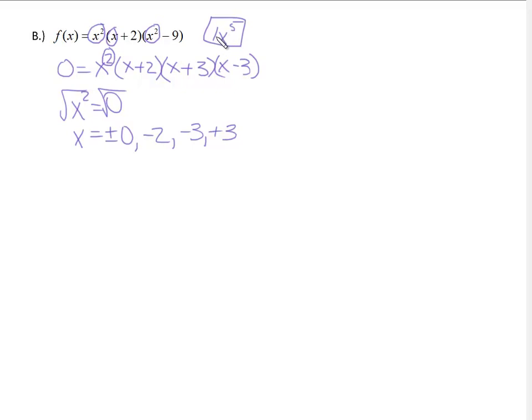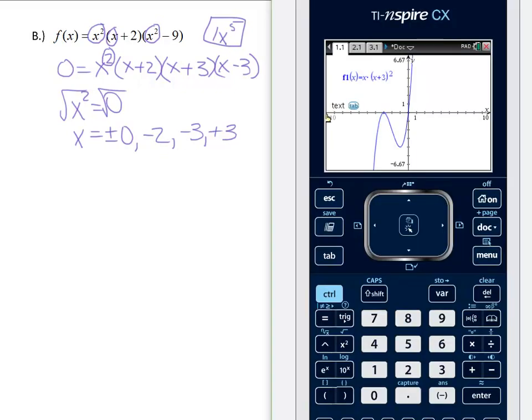The leading coefficient is positive, so we're going up and to the right. It should bounce off at 0 and pass through all these other ones. Let's take a look at our graph. And here it is, this thing's got a lot of stuff going on. You can see it's starting from negative infinity, passes through at negative 3, passes through at negative 2, bounces off at 0, and then passes through at positive 3.